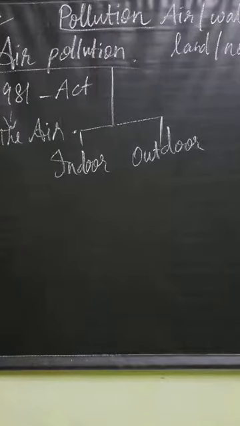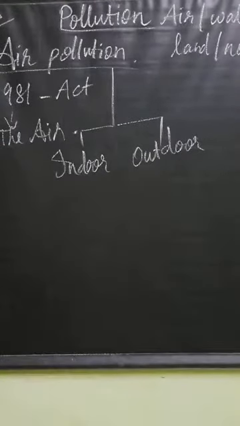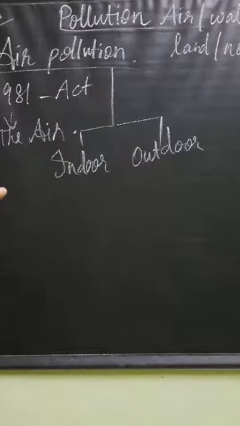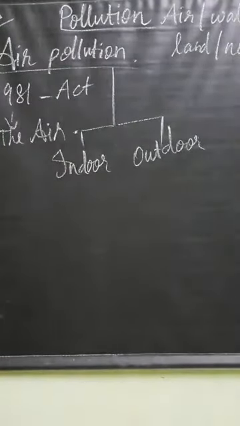So burning such things in the outside area, and also the smoke from vehicles, automobiles and factories, all come under outdoor pollution. So the Pollution Act says the unwanted substances which are mingled in the air are called air pollution. Two types of air pollution: indoor and outdoor.